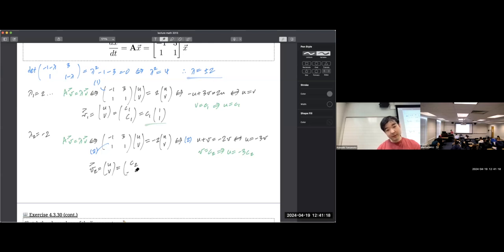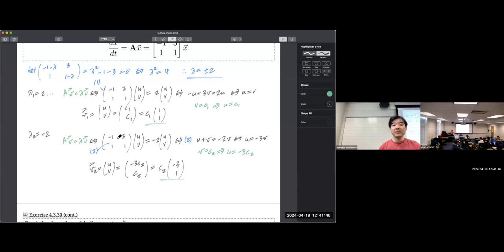Sorry, I flipped it around: u is negative 3c2, and v is c2. So the eigenvector is c2 times negative 3, 1. All right, so those are your eigenvectors.